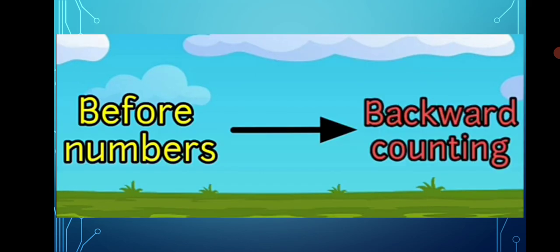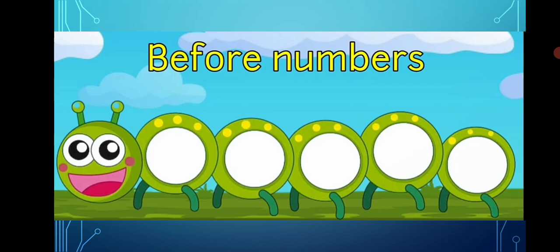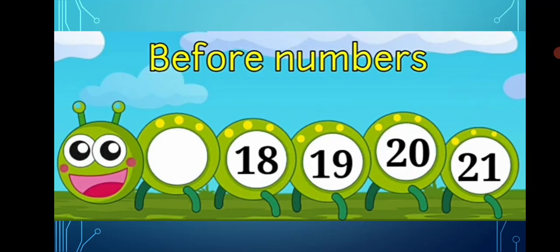Before numbers are the backward counting. Before numbers में हम backward counting करते हैं. This is the picture of a caterpillar, and the caterpillar has the numbers 21, 20, 19, 18.